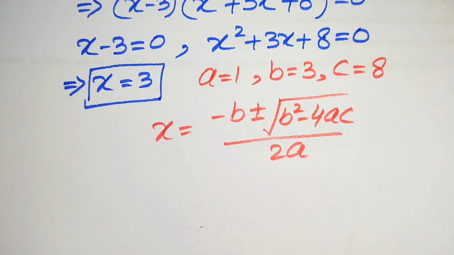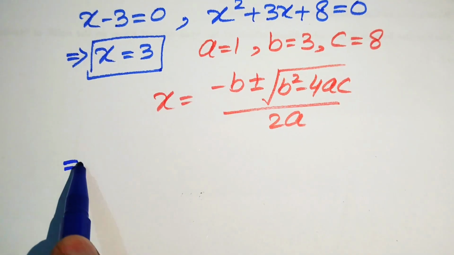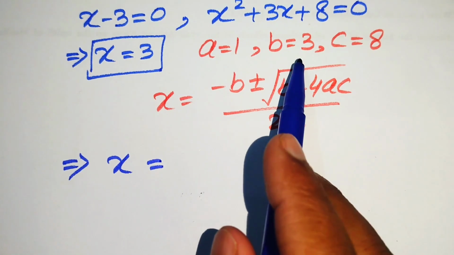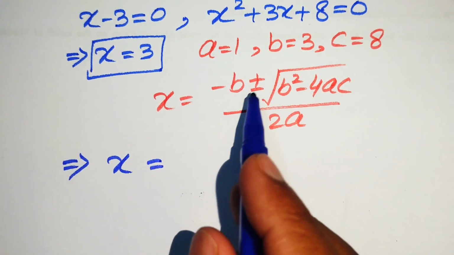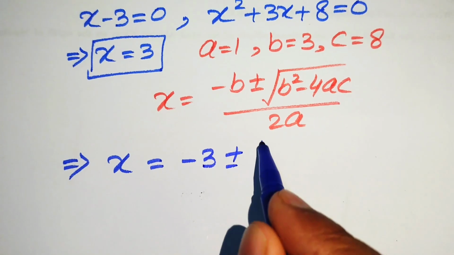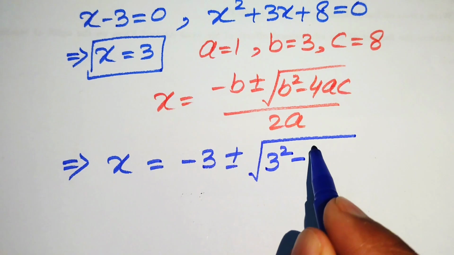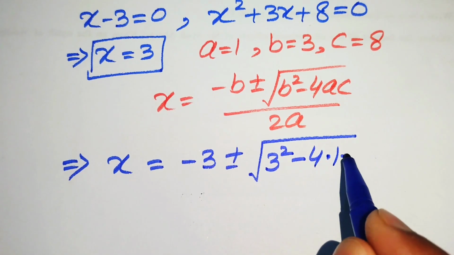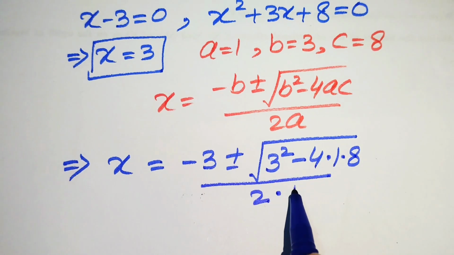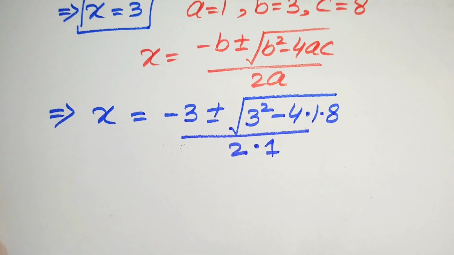Now it's time to substitute the values of a, b and c in this formula. Minus b, where the value of b is 3, is written as minus 3 plus minus square root of 3 square minus 4 times 1 times 8, divided by 2 times a, where a equals 1.